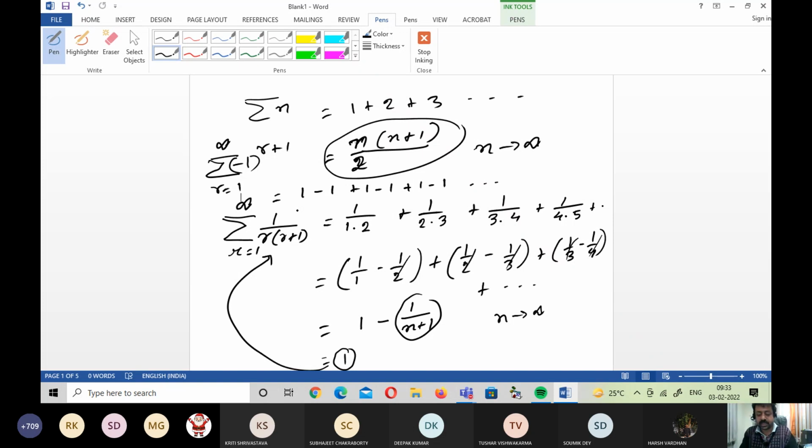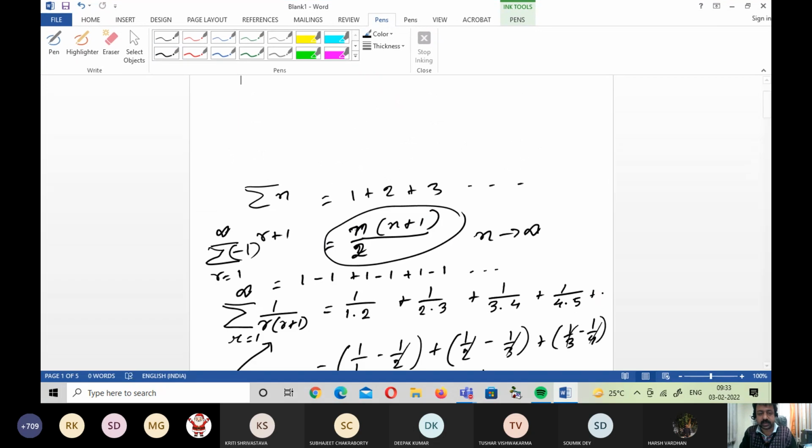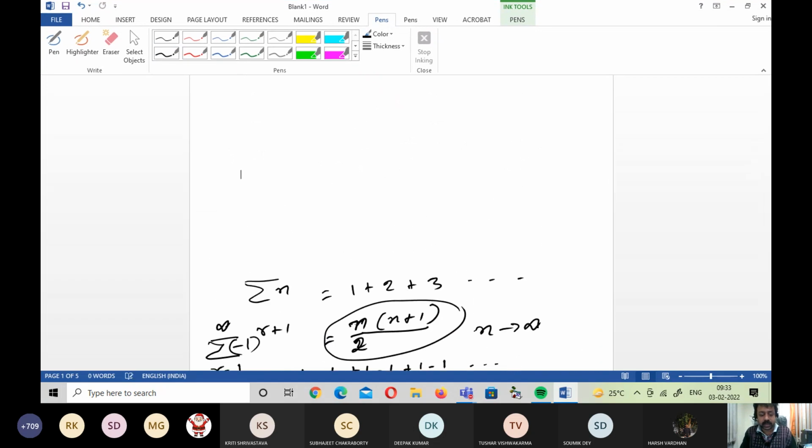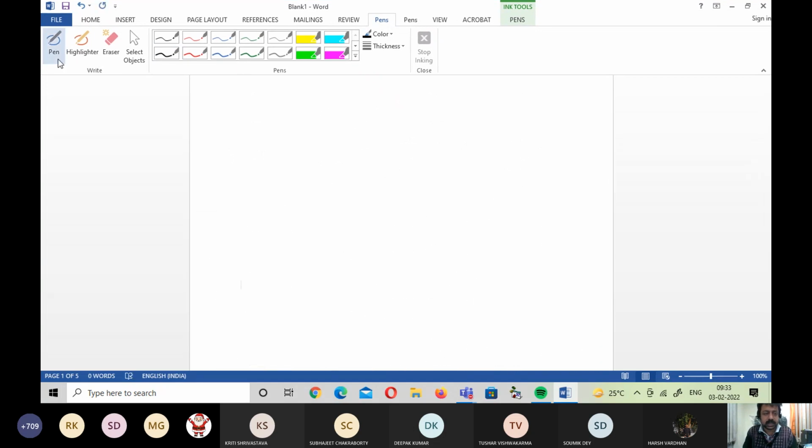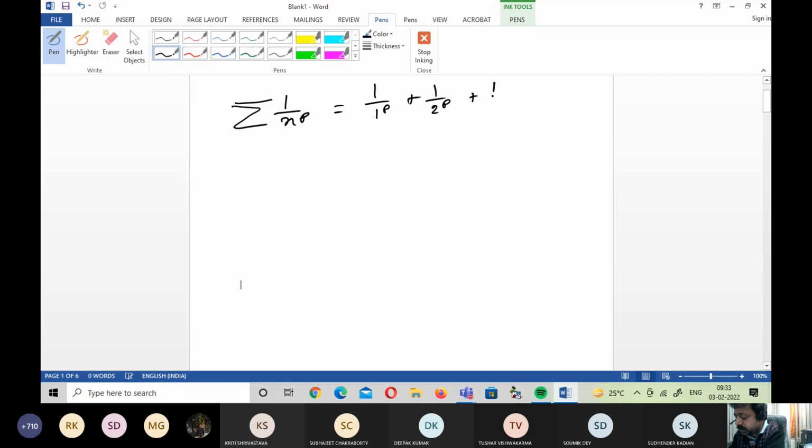Now we will discuss two important series. One of them is known as the P series, where the terms are taken as capital sigma 1 by n to the power p. So you can easily consider that 1 by n to the power p means 1 by 1 to the power p plus 1 by 2 to the power p plus 1 by 3 to the power p.